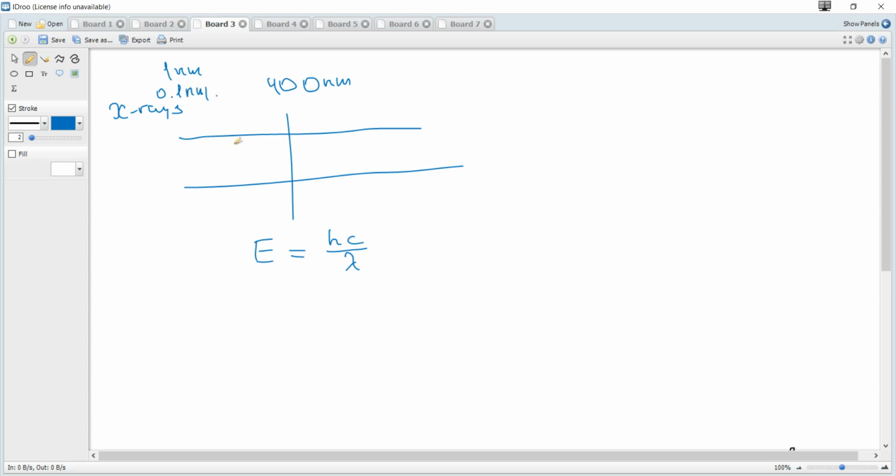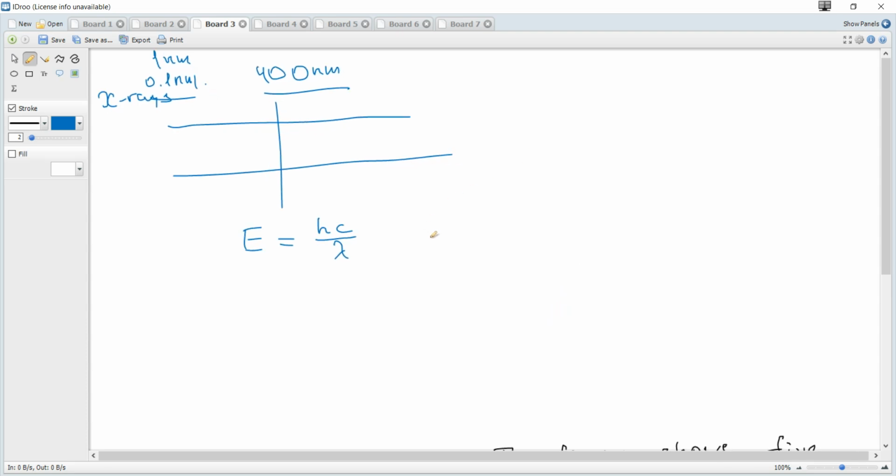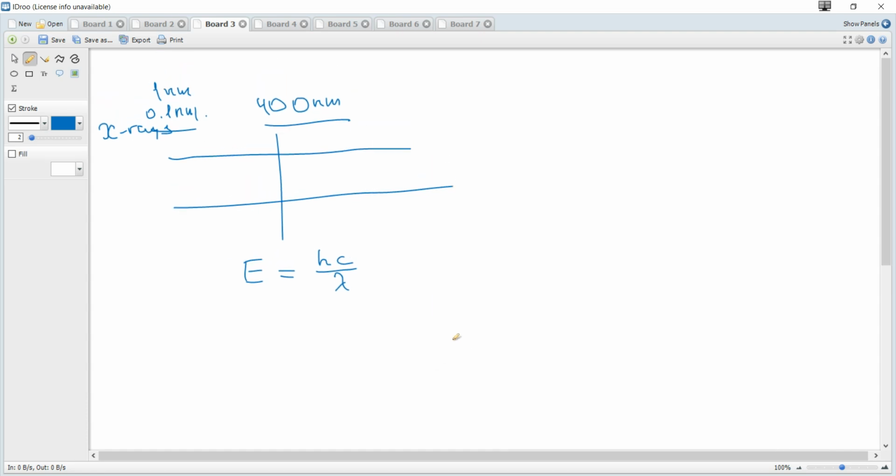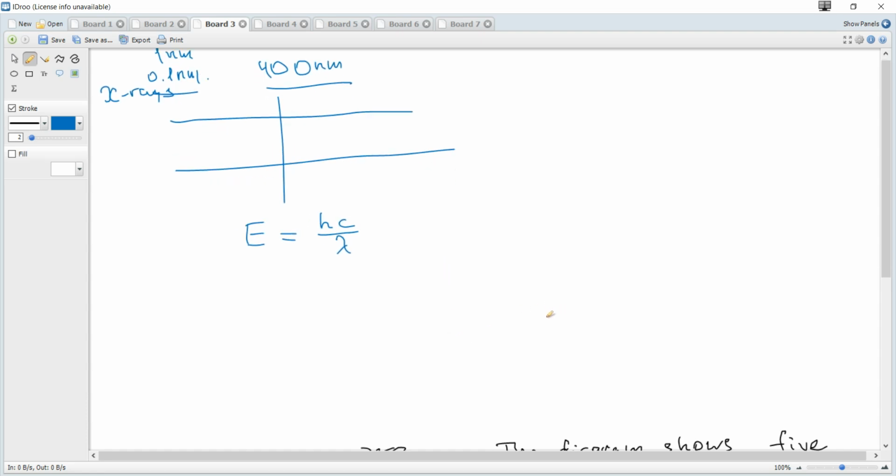Let's consider 400 and 1 nanometer to find the bounds to be ultraviolet.